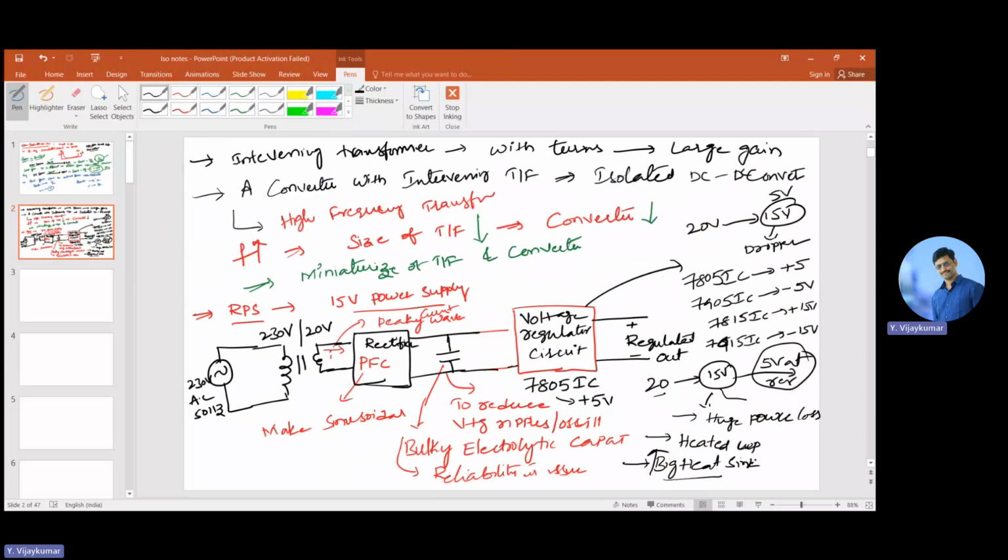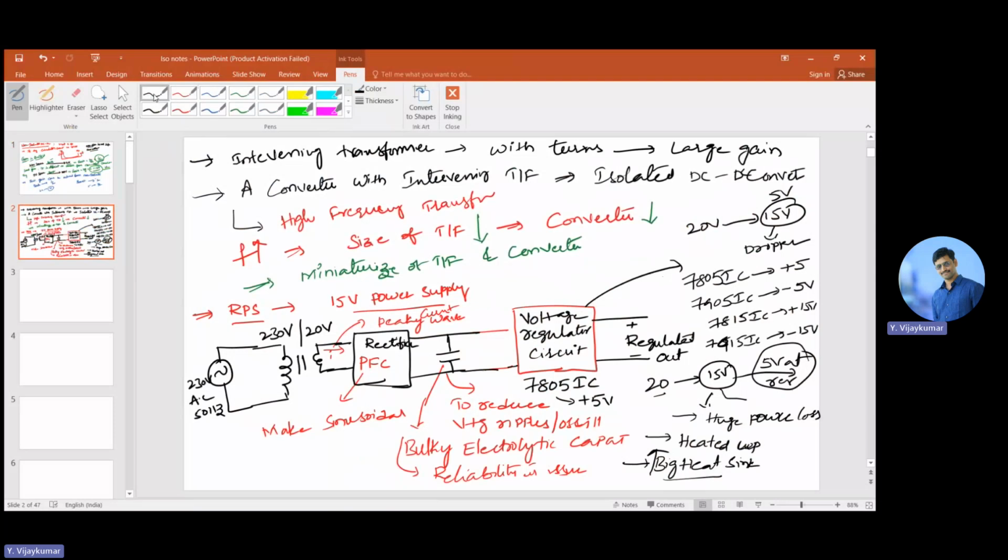If you observe in the laboratory, the voltage regulators have a very big size.